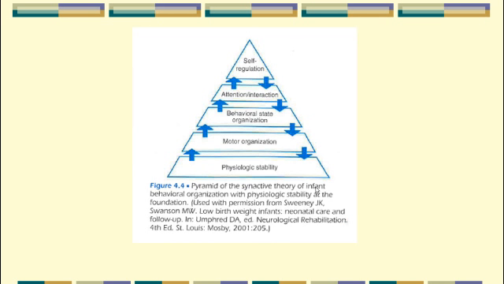And as we look at then how we want to approach a child in the NICU, I want to point you to a theory that is explained in your Tecklin book. So hopefully you've read through this, and we'll read through it again. It's called the synactive theory of infant development or behavioral organization. And this is an example of a systems theory, just like you talked about systems theory last semester in neuro.